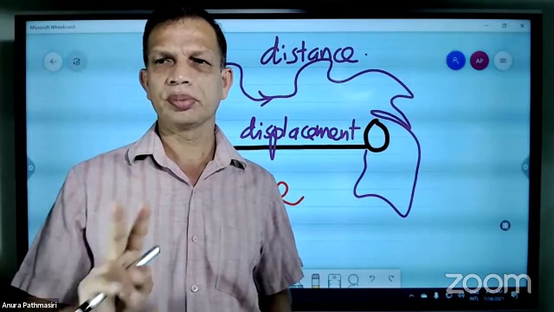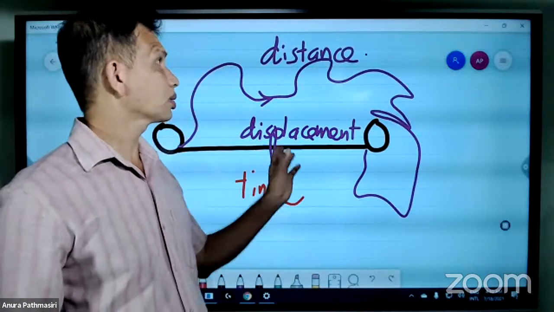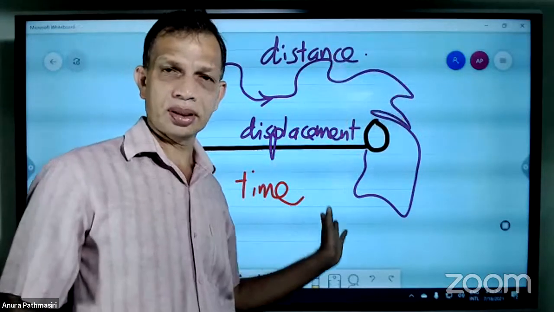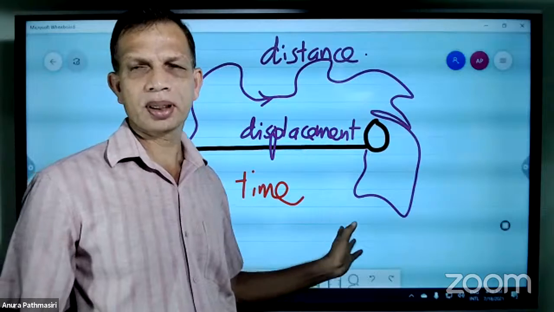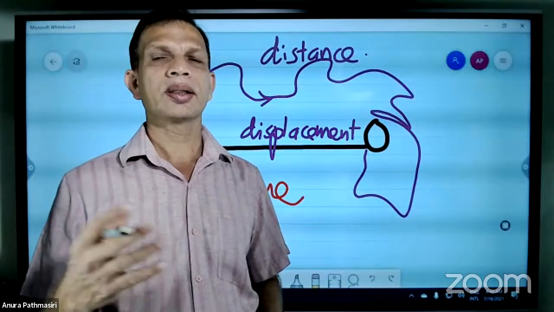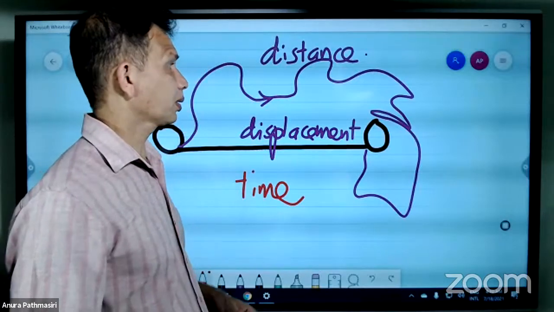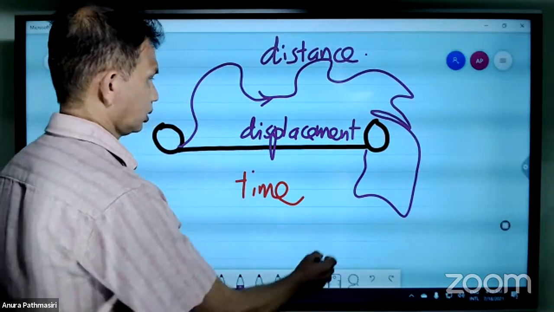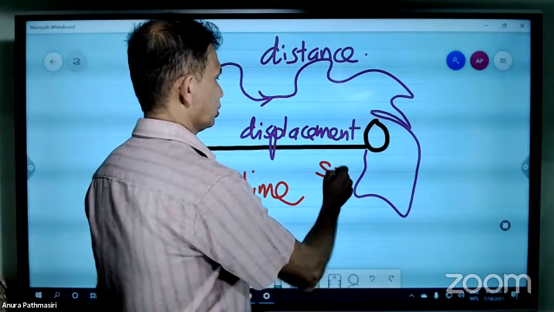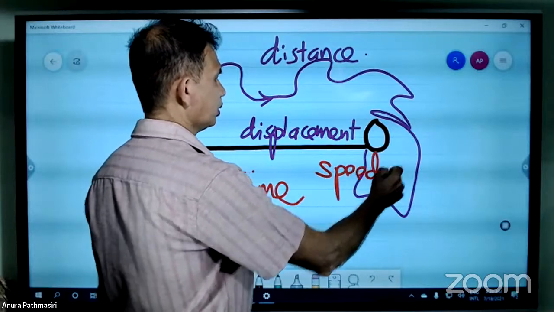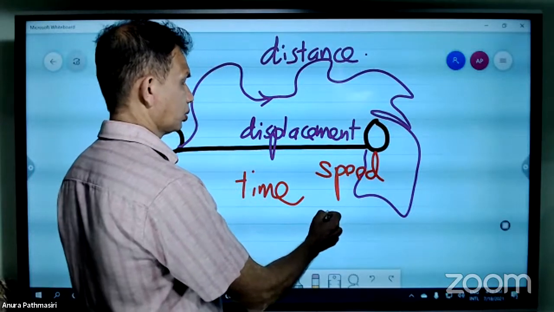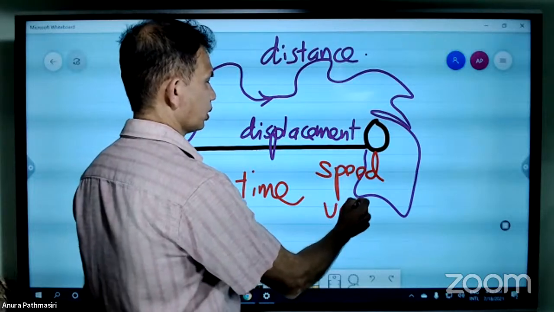You can consume distance and time, you can consume displacement and time. And as a result, you will get some other concepts like speed, and then velocity.